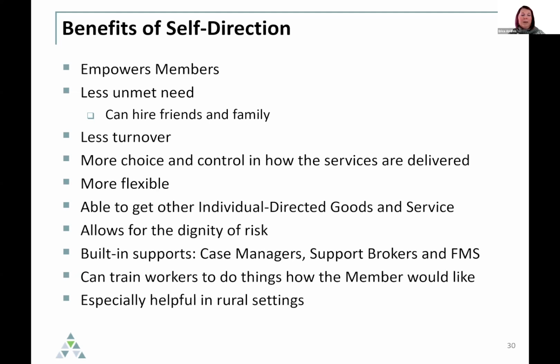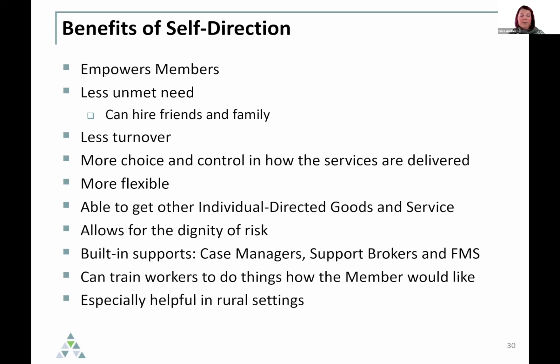As we've talked about many times, there's so much more control and choice in how services are delivered. Self-direction is much more flexible and people can use the money for what they need. As we talked about, we have those individual directed goods and services. People can be creative with what they would like to purchase. As we also talked about, it allows for dignity of risk.